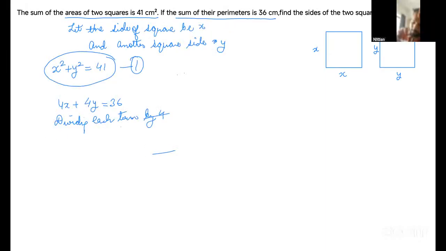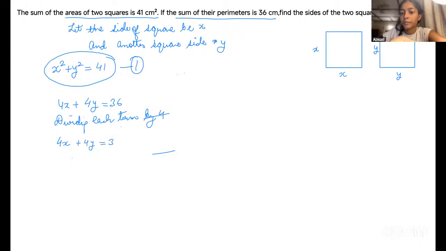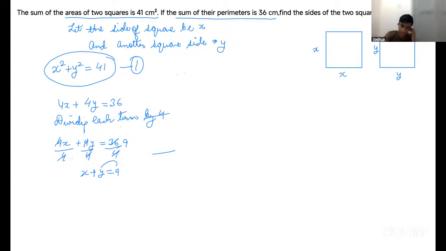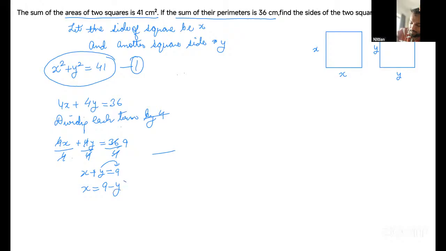Are you getting the same equation? Yes, sir. Good. Everyone, Joshua, are you getting the same equation or not? I got it, sir. Okay. And Simeon? Yes.